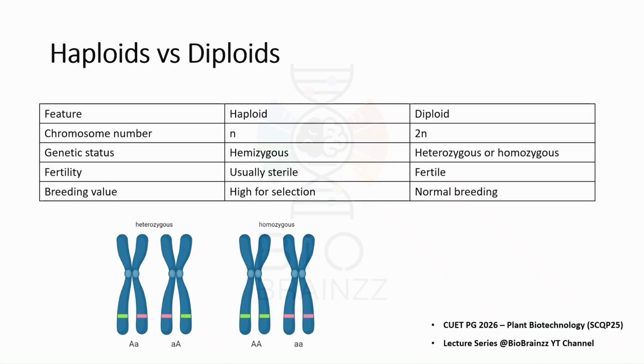Diploid plants contain two sets of chromosomes and are typically fertile because proper chromosome pairing occurs during meiosis. While diploids are genetically more stable, haploids are extremely valuable for research and breeding because they reveal hidden genetic variation immediately.